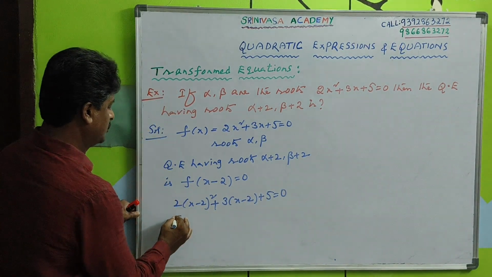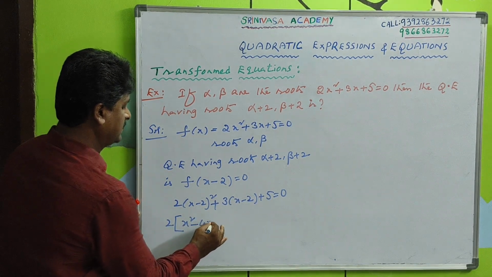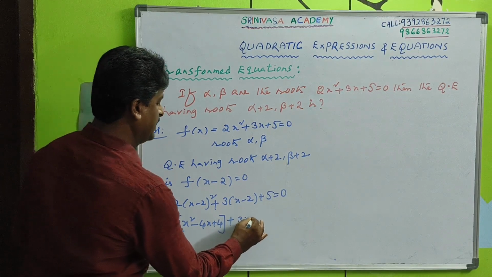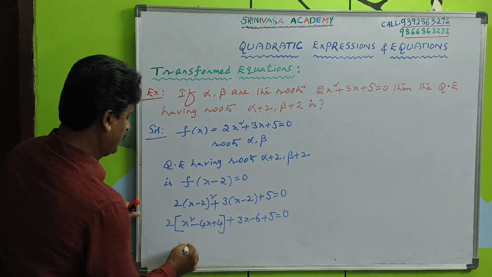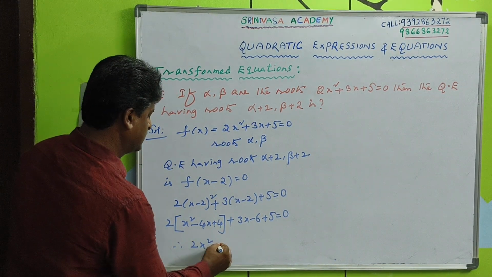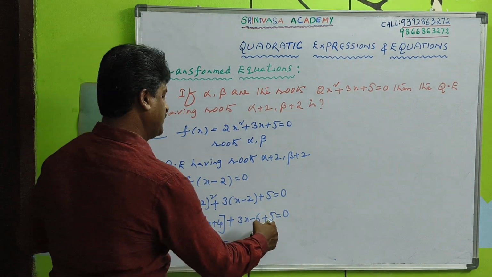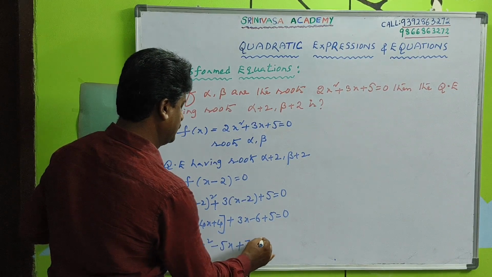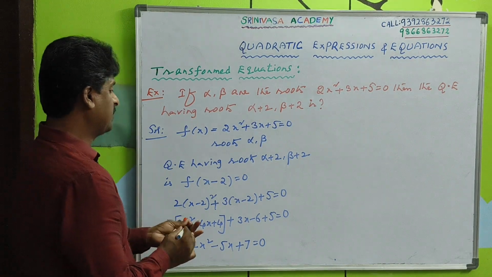Expanding this, 2 times x square minus 4x plus 4 plus 3x minus 6 plus 5 is equals to 0. Therefore 2x square minus 8x plus 3x minus 5x plus 8 plus 5 is 13, 13 minus 6 plus 7 is equals to 0. This is by using the formula.